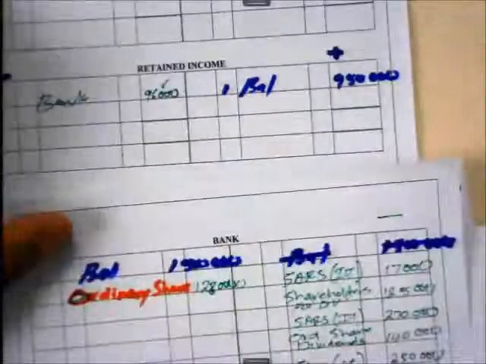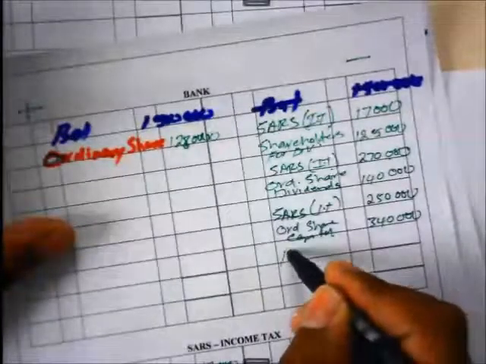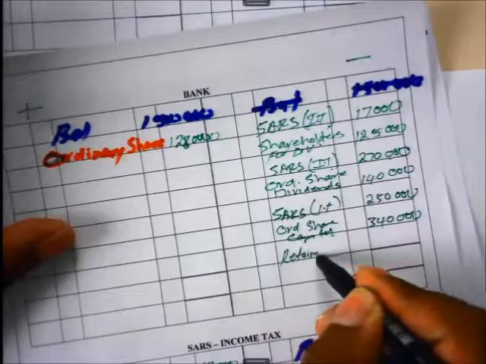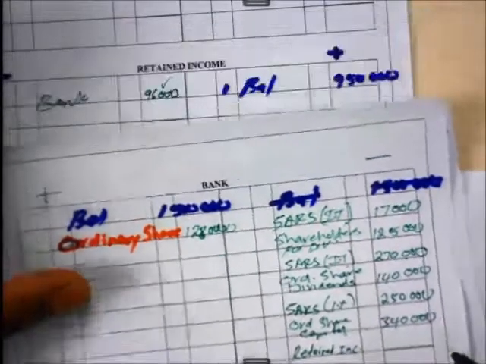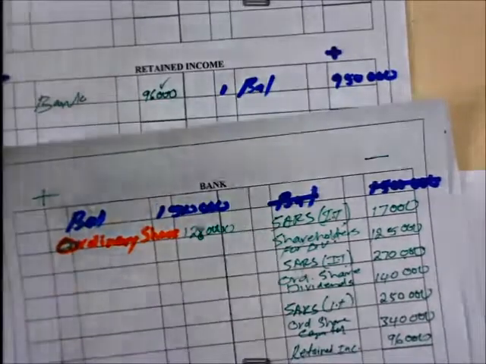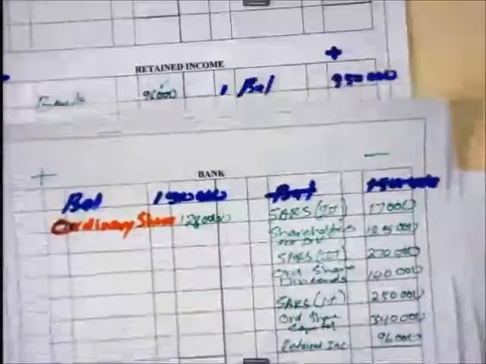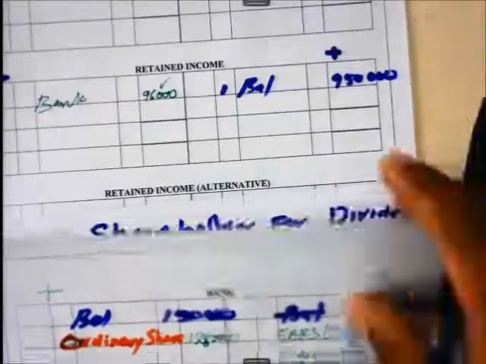Here, we debited retained income with bank, 96,000. Therefore, we must credit bank with retained income, 96,000. Right. I'm sure you are following so far.